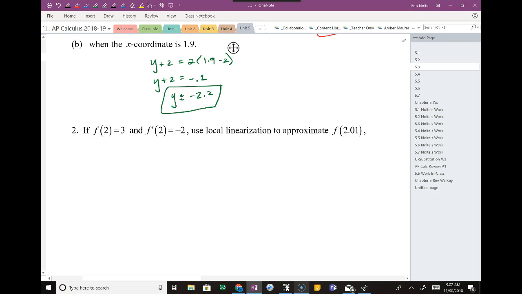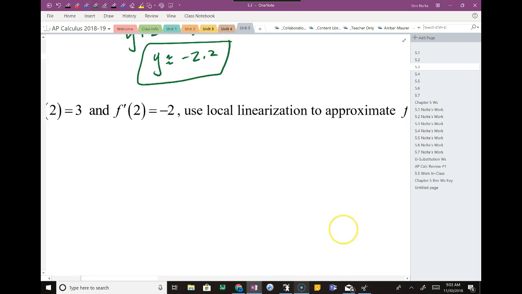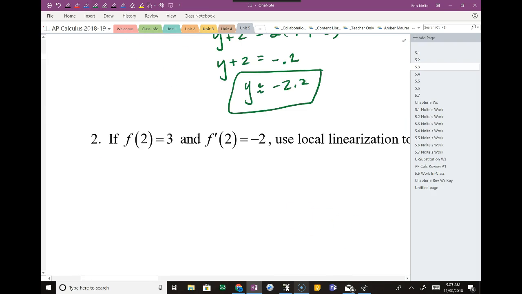So f of 2 equals 3, what is that giving us? The x and the y. So that is the point that exists on our function: 2, 3. So we can use that to write our linear equation. And then what is the derivative at 2 giving us?